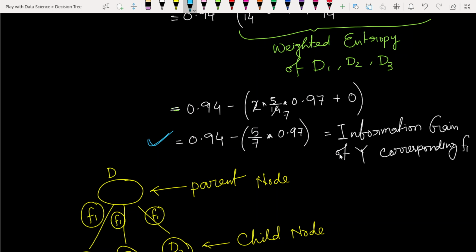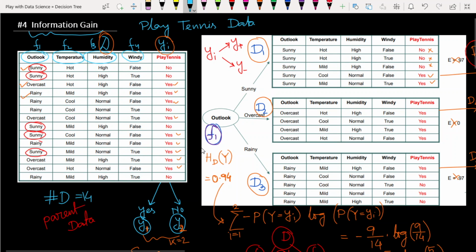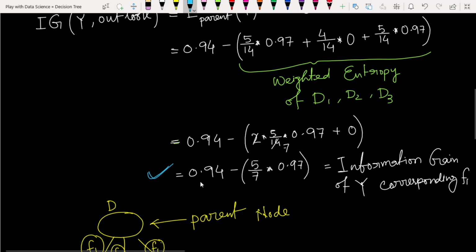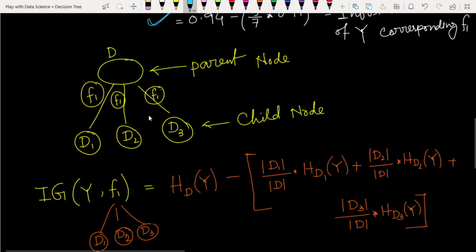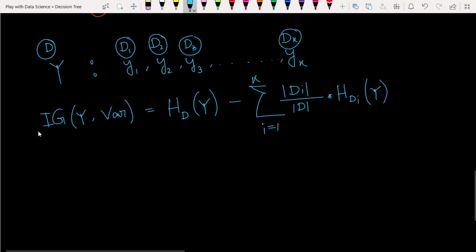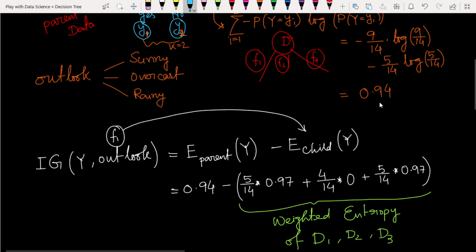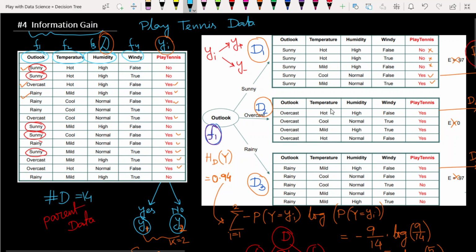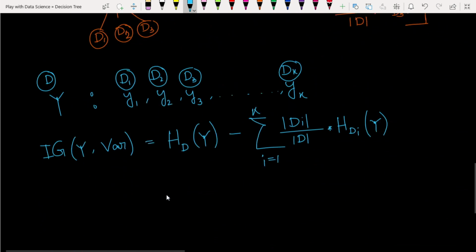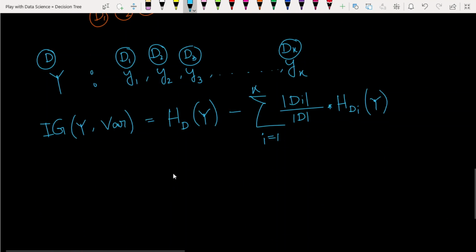That is what we have gained. This is the simple English meaning of information gain. If we calculate it numerically using this formula, then from the feature outlook for the variable play tennis, we have gained this amount of information about the whole data. Okay, I think you have understood the geometrical perspective as well as how this formula comes into the picture.